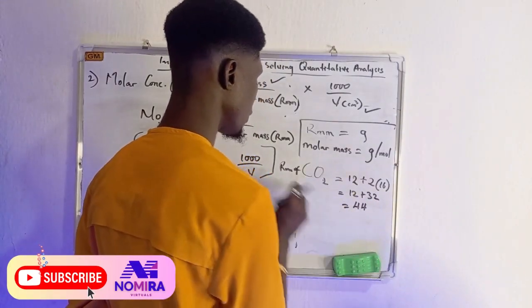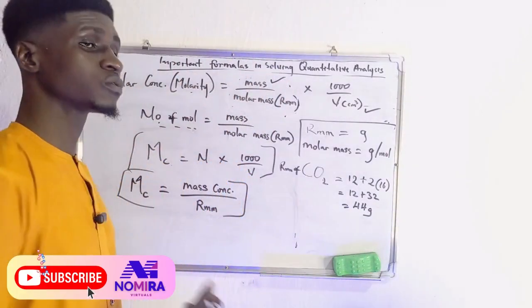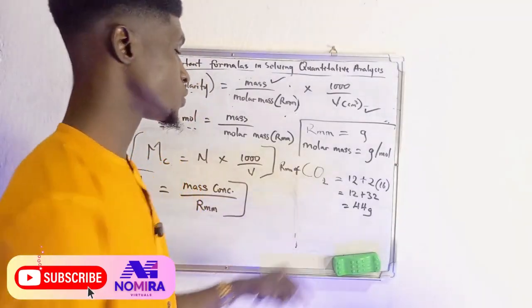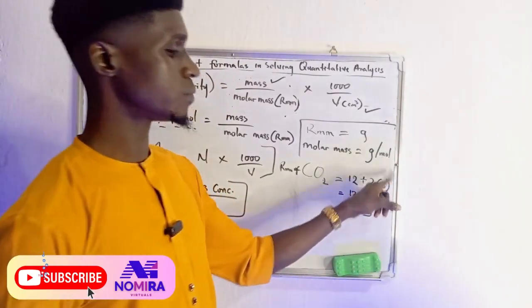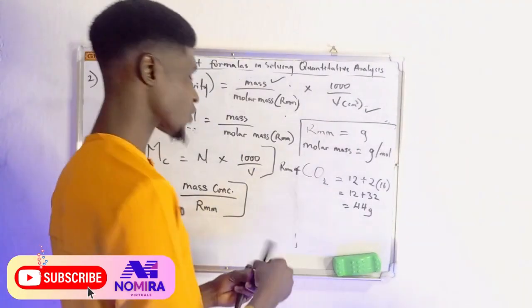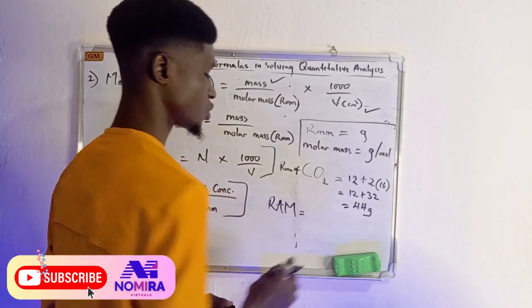Since we are talking about relative molecular mass, the unit is gram. If the question was to find the molar mass of CO2, then it will be in gram per mole. Is that okay?